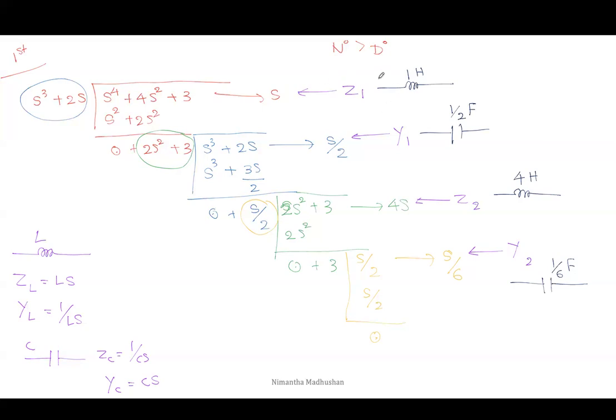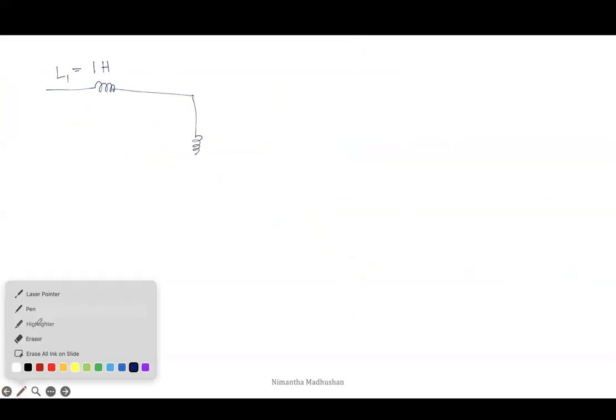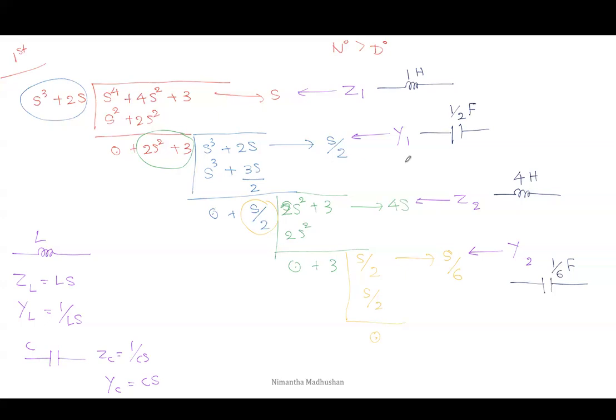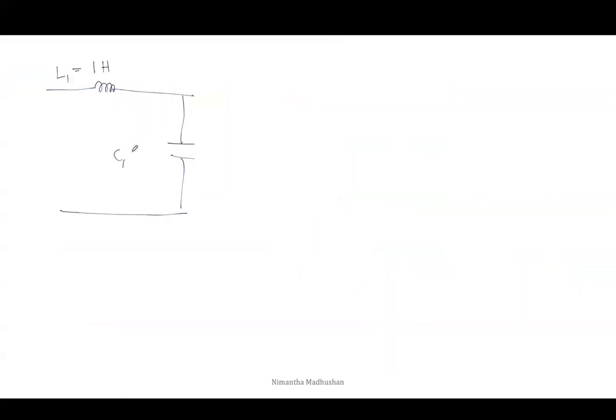First, impedance value. That means the inductor is connected in series. 1 Henry. This is L1. And the second one is admittance. It is a capacitor connected in parallel. Value is 1 over 2. C1 is 1 over 2 farad.